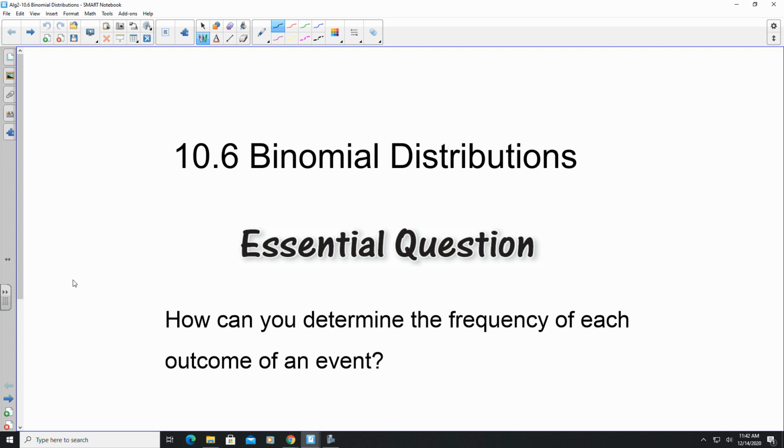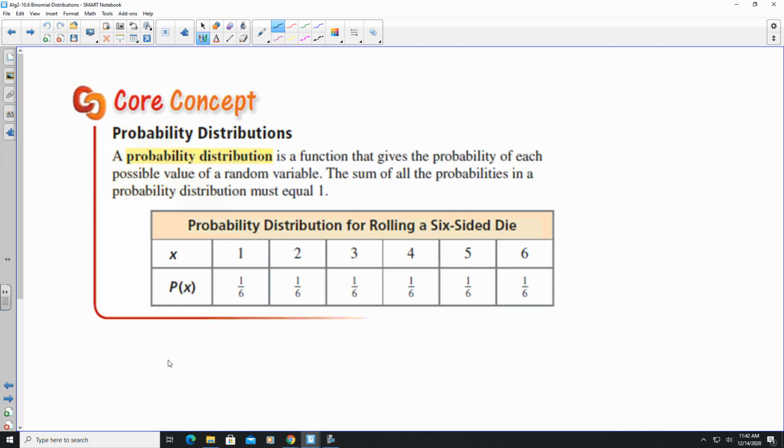The first part says a probability distribution is a function that gives the probability of each possible value of a random variable. On the bottom is the distribution of rolling a six-sided dice.